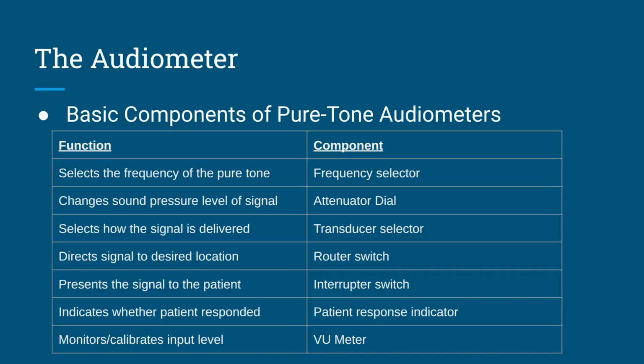You can use the router switch to direct it to the desired location, like the right ear versus the left ear. Use the interrupter switch to present the signal to the patient. Use the patient response indicator to let the patient let you know when they hear the tone. And the VU meter monitors or calibrates the input level.